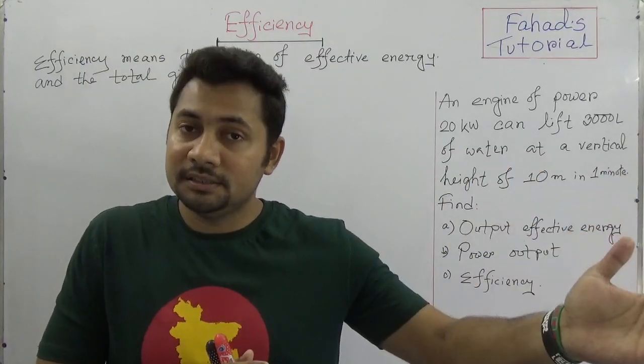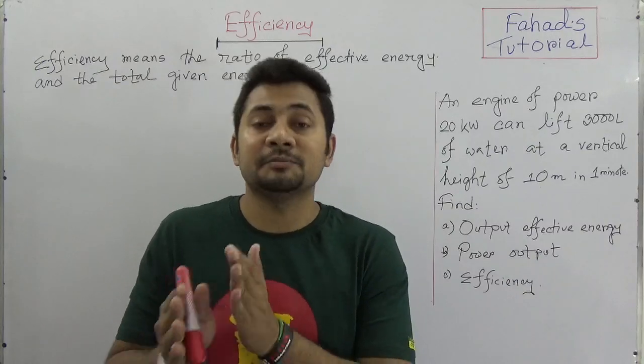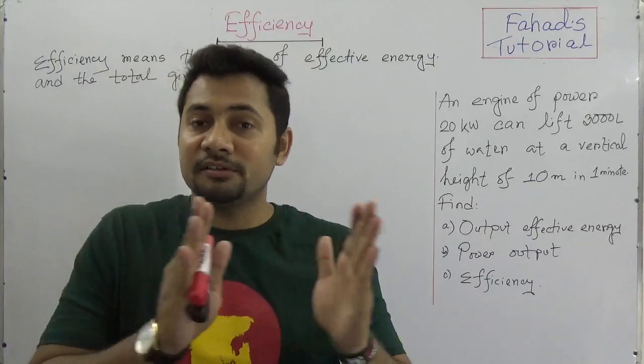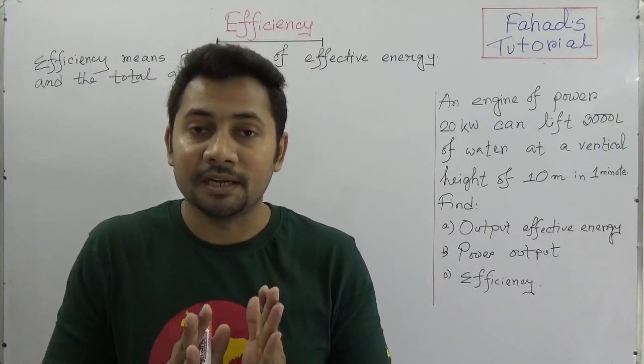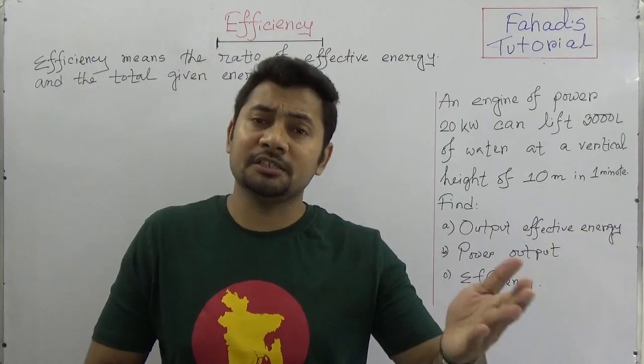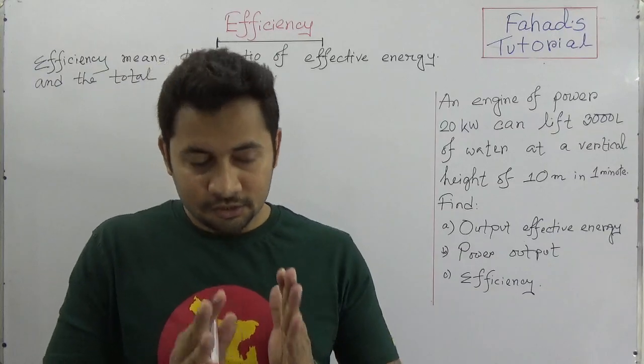But what we get is not equal to the given energy, because from the conservation of energy the two amounts of energy should be equal. But what happened? Due to frictional forces and the production of heat and other things, some energy was lost.